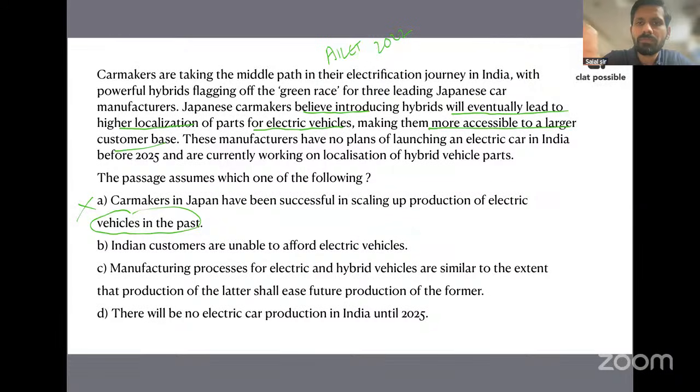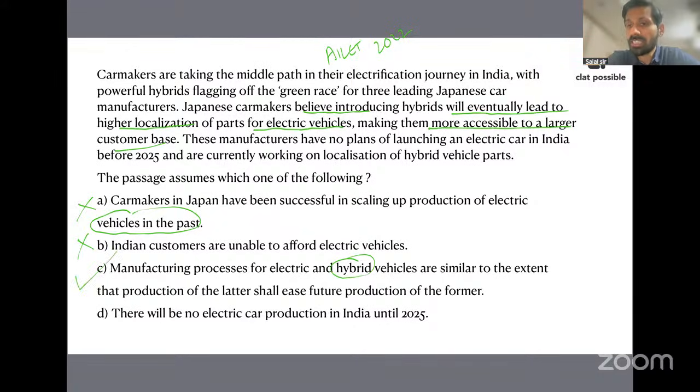So this is irrelevant. C says manufacturing processes for electric and hybrid vehicles are similar to the extent that production of the latter, which is hybrid, shall ease future production of the former. Right. And that's why this is the assumption with which they are operating. We'll start off with hybrids, achieve localization, and then move on to electric, right? So the assumption is this.